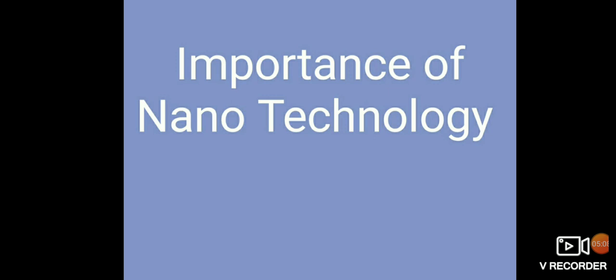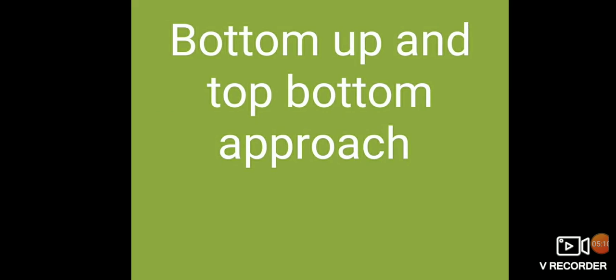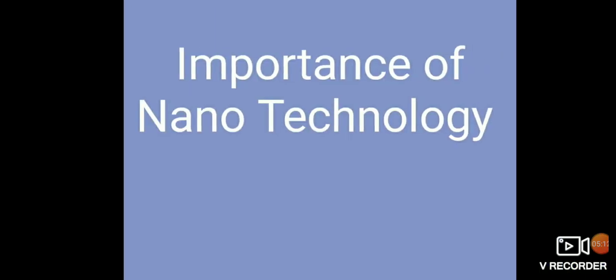Now, the emergence of nanotechnology. The term nanotechnology was first used by Japanese scientist Norio Taniguchi in the year 1974, in a paper on production technology that creates objects and features on the order of a nanometer.